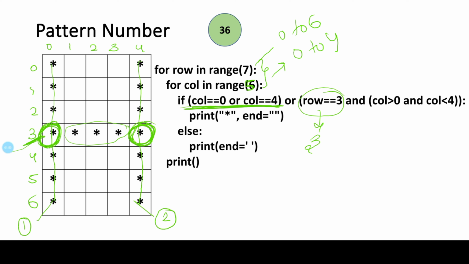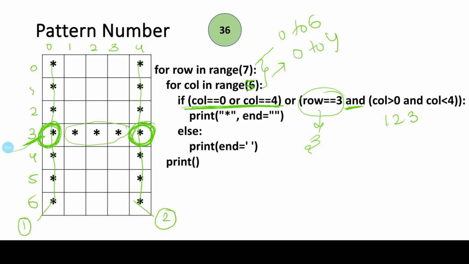Why? Because we have already taken care of these 2 stars in our first 2 conditions, where the column was 0 and 4. So for avoiding the overwrite situation, we have used an AND condition, specifying that the range of the column should be 1, 2 and 3.